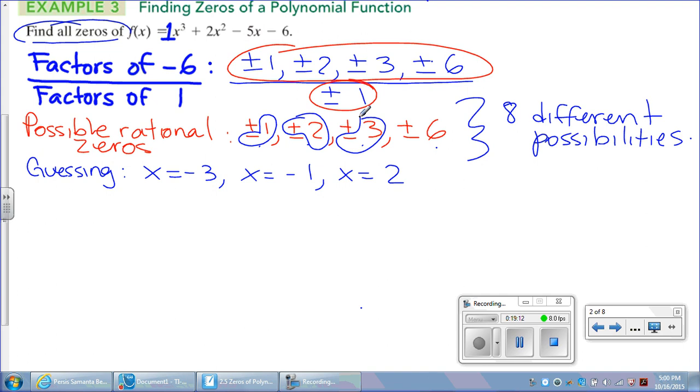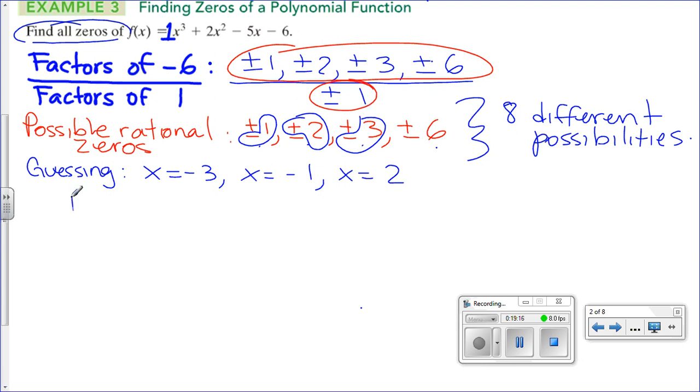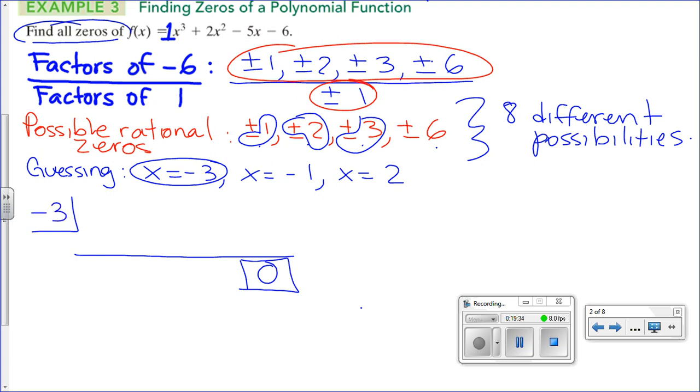So what you will do is use synthetic division. And remember that by the remainder theorem, if the remainder happens to be a 0, that means that that number is in fact one of the roots of the equation, or a 0. So in this case, we use -3 for the first one.